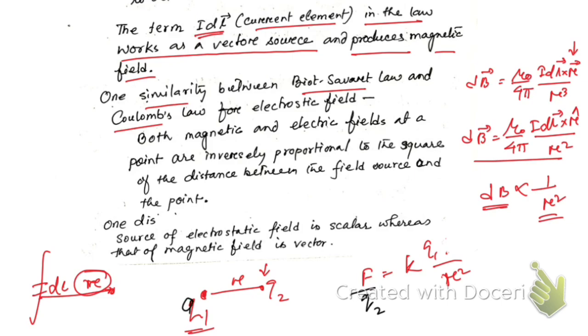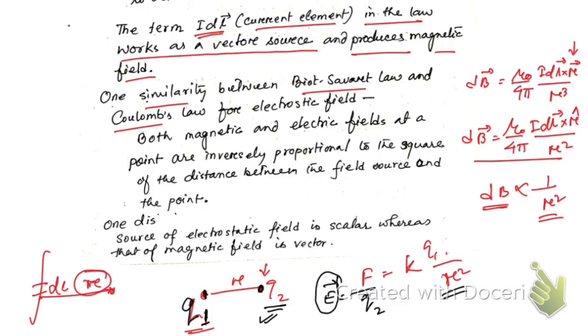If you consider q1 as a source charge and q2 as a test charge, then the electric field at the point where this test charge is located will be given by this expression F by q2, which is equal to k q1. So here you can see in electrostatics, electric field is also inversely proportional to r square, right? So this is their similarity.